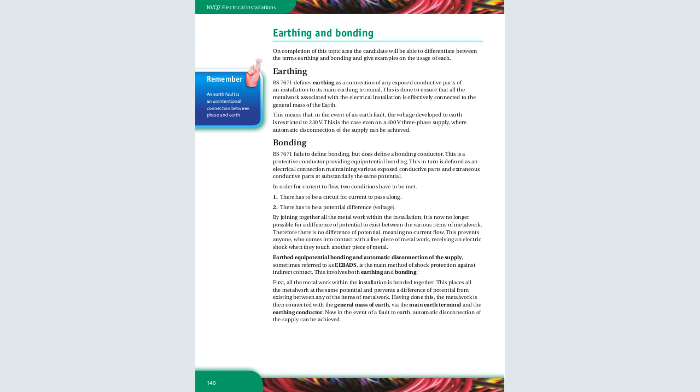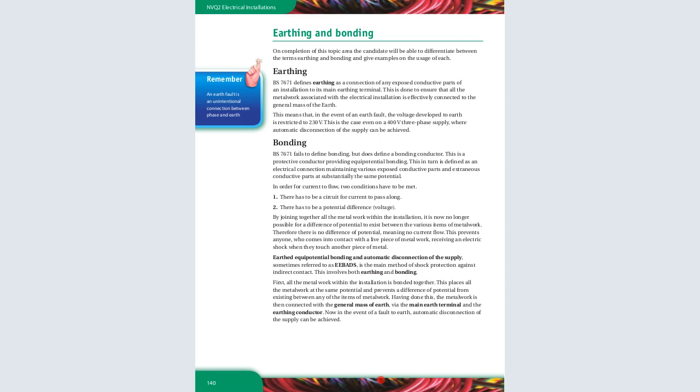Now, earthing and bonding. Salad, you can remember what we were talking about yesterday, the difference between earthing and bonding. So earthing: BS 7671 defines earthing as a connection of any exposed conductive parts of an installation to its main earthing terminal.